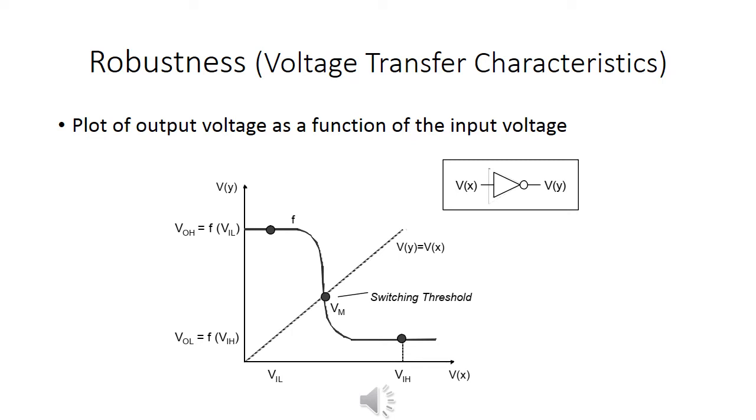Switching threshold voltage is the threshold of the gate. It can be found graphically at the intersection of the VTC curve and the line given by Vout equal to Vin. We will discuss switching threshold in detail in the next few lectures, as it is a very important characteristic of the gate, as it tells you about the switching of a gate.